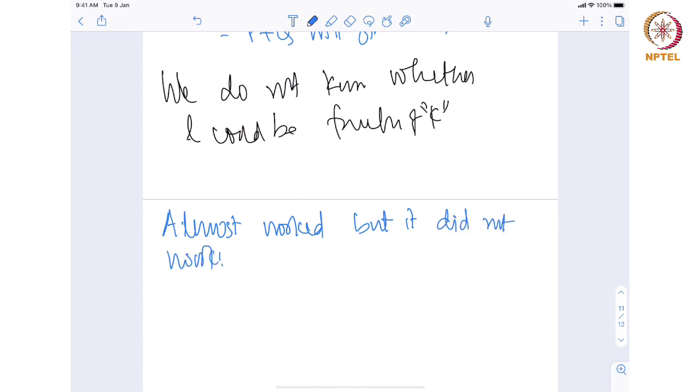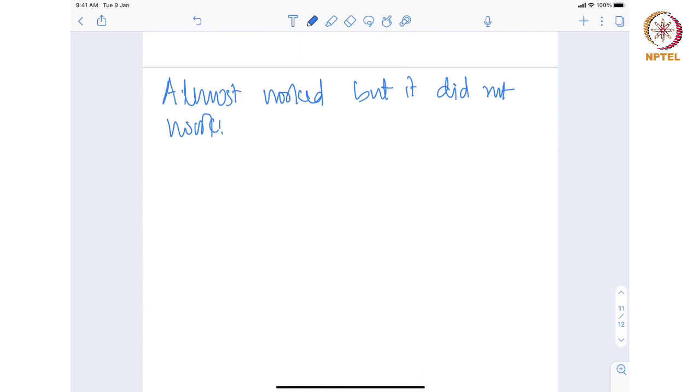So we will fix it. We will prove that L equal to k is good enough, or rather 2k is good enough. In a minute, we will prove that.